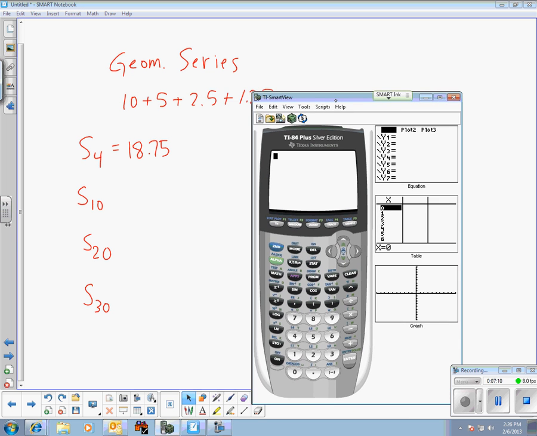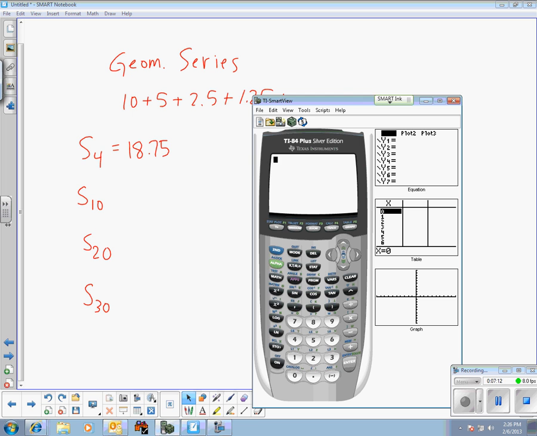Okay, so remember your series formula. It's the first term. I'm going to put my entire numerator in parentheses. First term times 1 minus my common ratio, which is 0.5, to the nth power, and since I'm adding up 10 terms, that would be to the 10th. Close those parentheses, and then close the entire numerator.